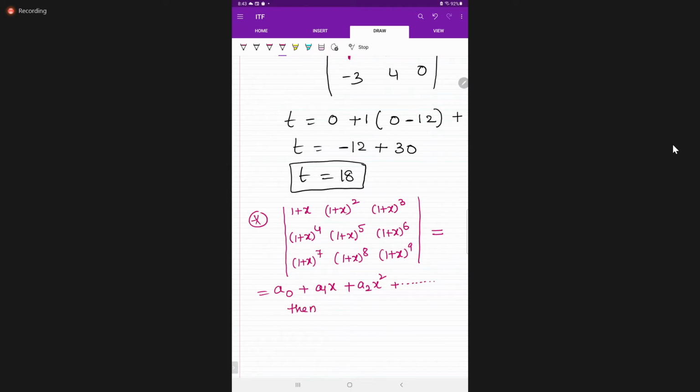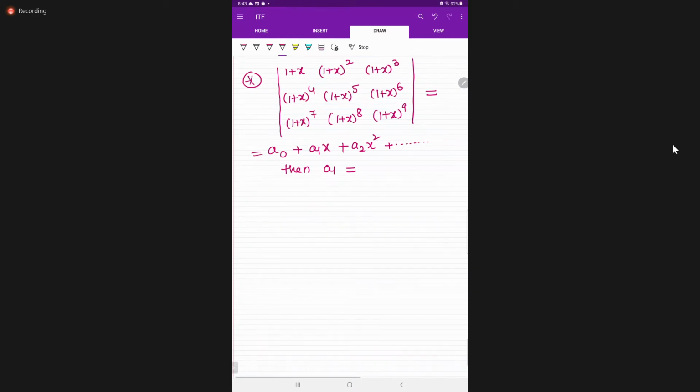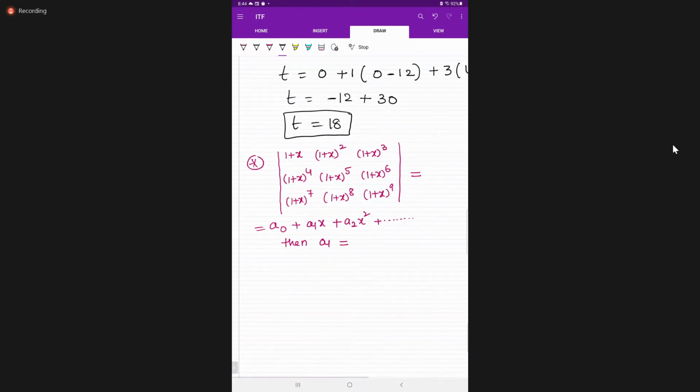Then a1 is equal to... Students, here you want a1. First of all, a naught is a constant, so in place of lambda you can easily take 0.